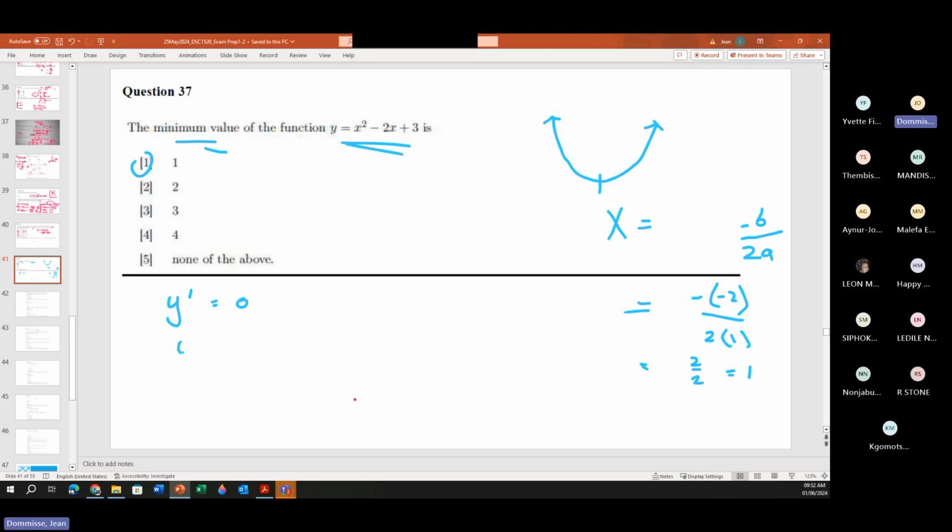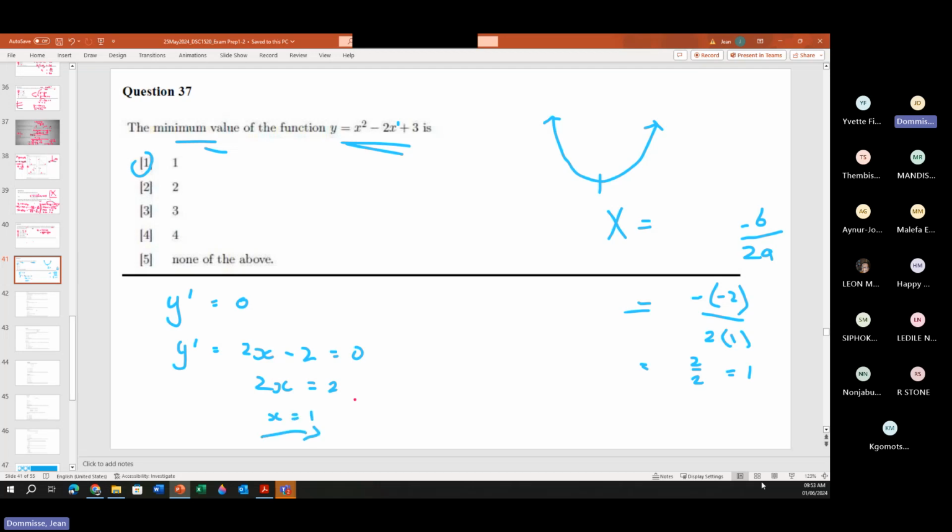So if we differentiate that, we get 2 going to the front, so it's 2x. There's normally that 1, so 1 goes to the front, the x will disappear. The 2x minus 2 is equal to 0. 2x is equal to 2, and x is equal to 1.